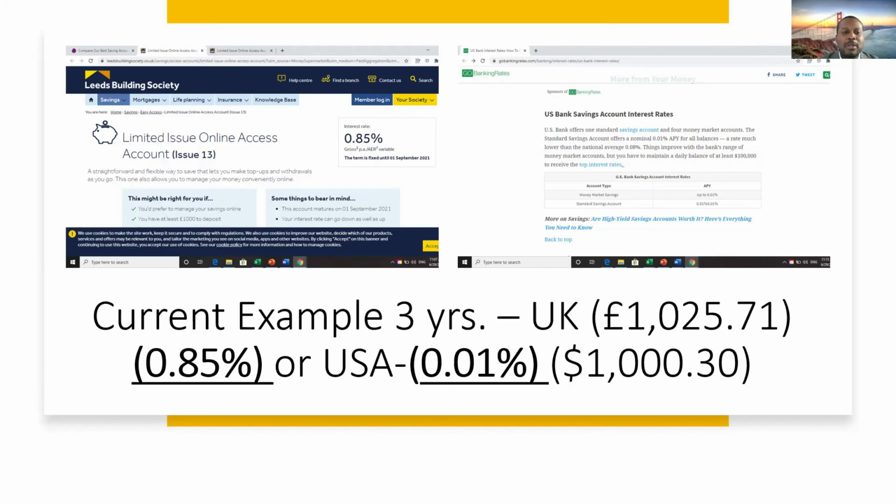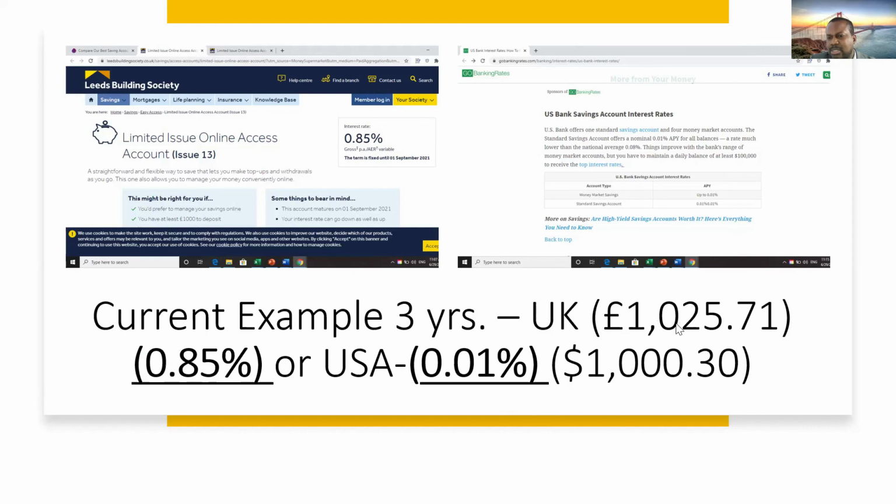She has internet problems. So if we look at this, we can see that 25.71 is what we would get if we made an investment with a rate of 0.85.